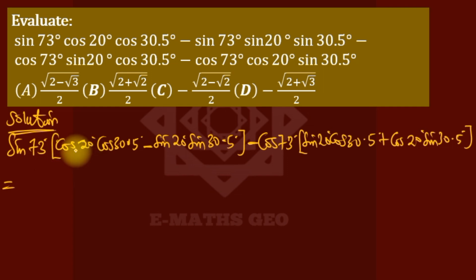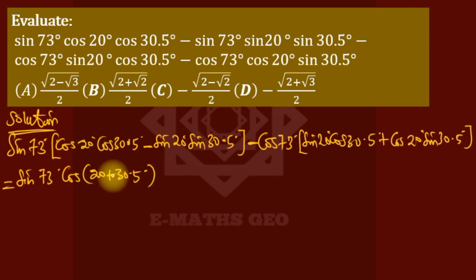And looking at this, I'm seeing cos, sine. So let's repeat: sine 73 times this will reduce to cos. Since I have minus here, I have 20 plus 30.5.